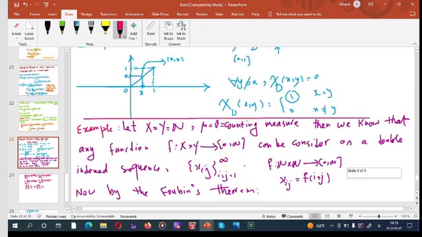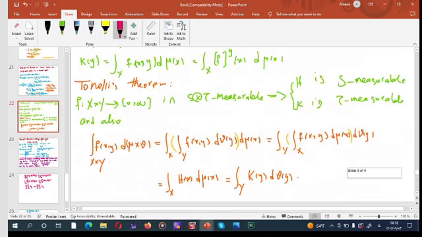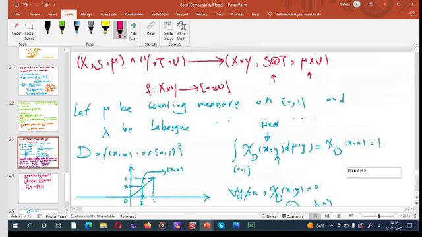Now we only apply Fubini's theorem. Okay, by Fubini's theorem we have this equality. This is exactly Fubini's theorem: this integral equal to this integral. But X and Y are natural numbers, and nu and mu are counting measures.